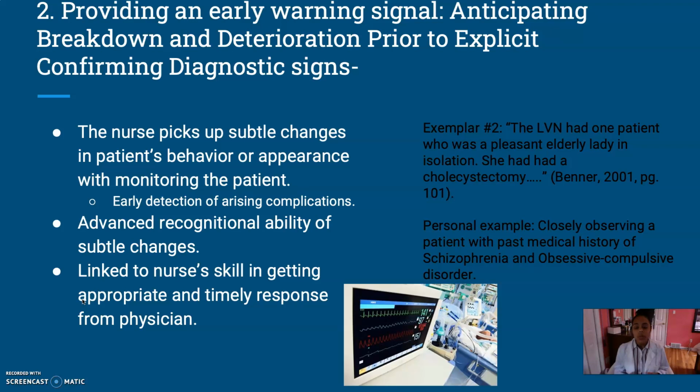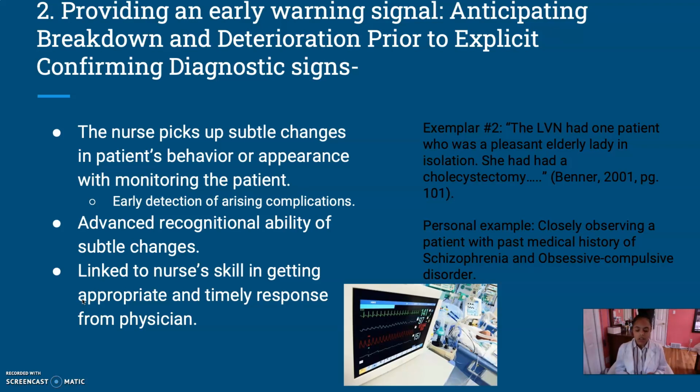And then on page 101, Benner provided an example of a nurse who had a patient who was post-op cholecystectomy. He was already discharged, but the patient had to come back because she was having a weird drainage from her wound, and they put the patient on antibiotics. And the nurse just had a weird feeling about the patient.